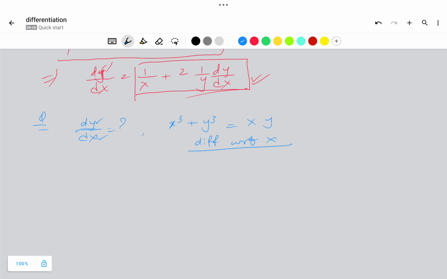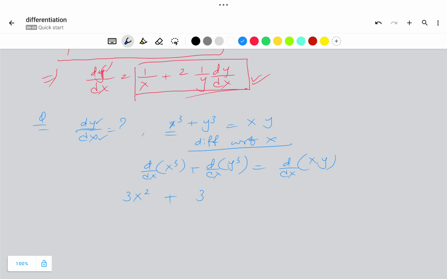So the derivative of this with respect to x: d by dx of x cube plus d by dx of y cube, and d by dx of xy. So what would it be? The derivative of x cube would be 3x square.